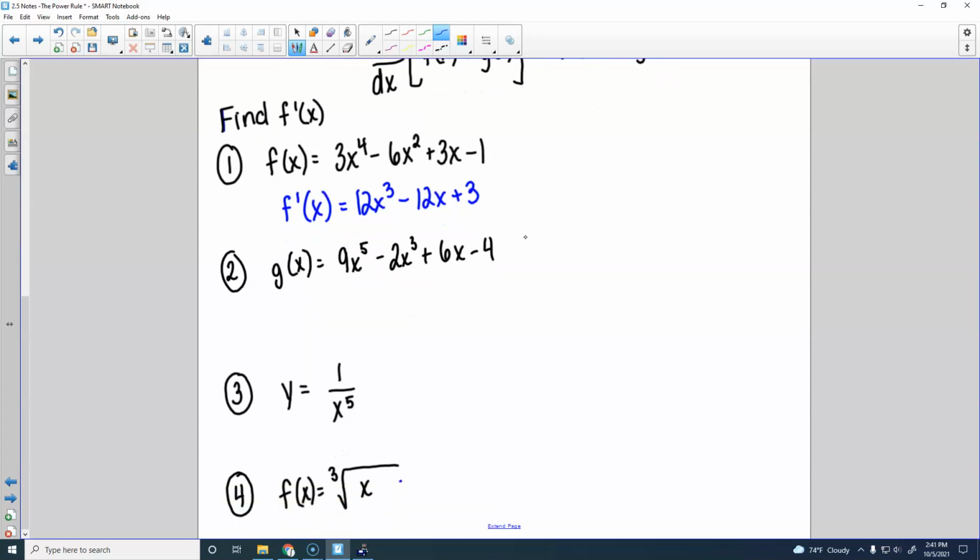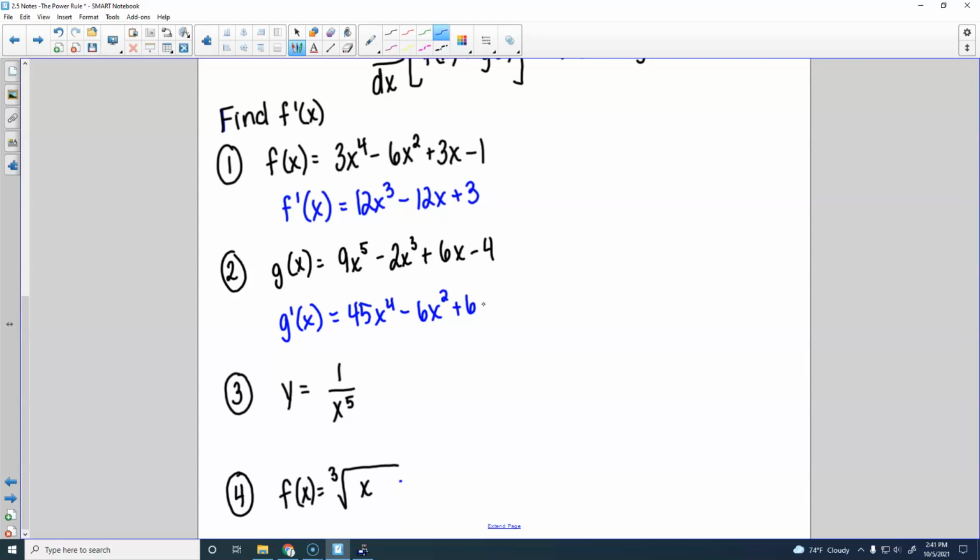Okay, so let somebody else say, Luis, tell me what we would get for g prime of x for number 2. Perfect, right? So shortcut rule, no problem.